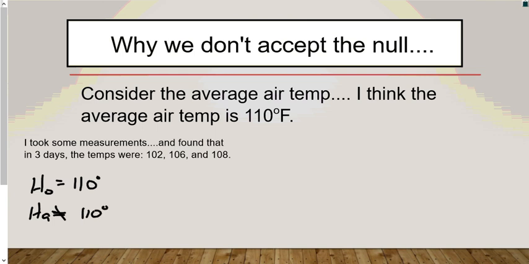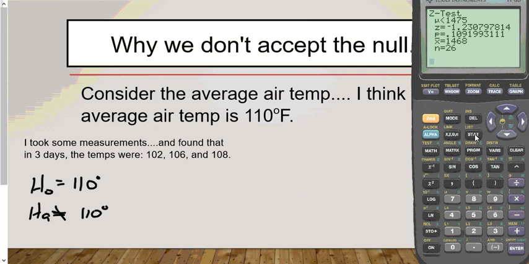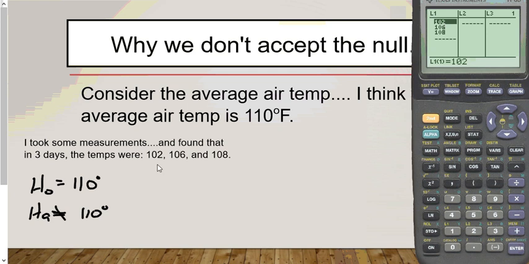Okay, and then I'm going to do something. This actually goes to t-tests, which is a future lesson, but I think you'll still get the idea. I took some temperatures. I have 102, 106, and 108.